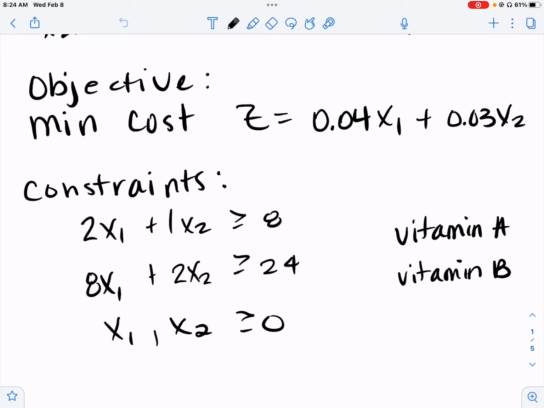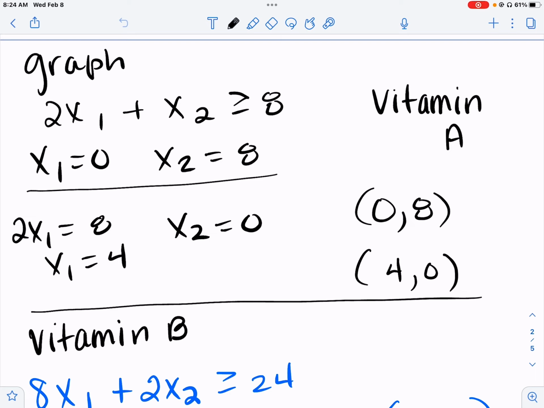So first we graph our constraints. Set x1 equal to 0, we get x2 equals 8. Then we set x2 equal to 0. If you put 0 in for x2, you get 2x1 equals 8. Divide, x1 equals 4. So our points for vitamin A are (0, 8) and (4, 0).